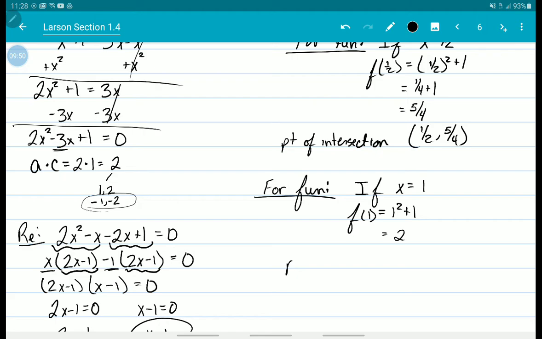So our point of intersection is the point 1, 2. So that's finding where f of x is equal to g of x.